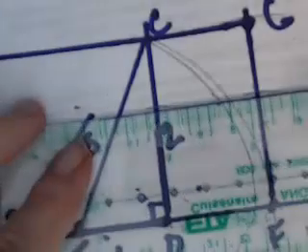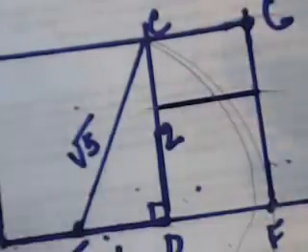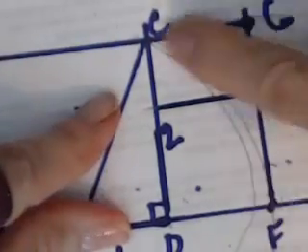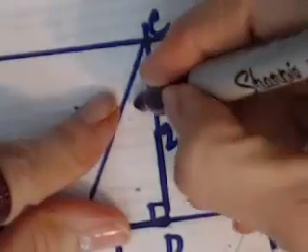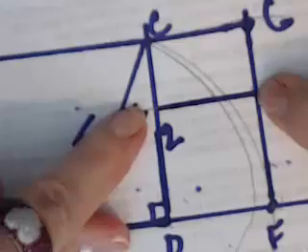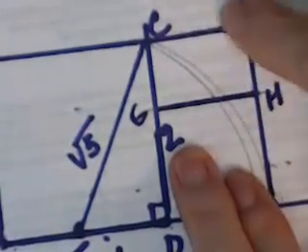Connect those, and that takes the square out of the original rectangle. Call that G and H. What I have left when I take out that square is a golden rectangle.